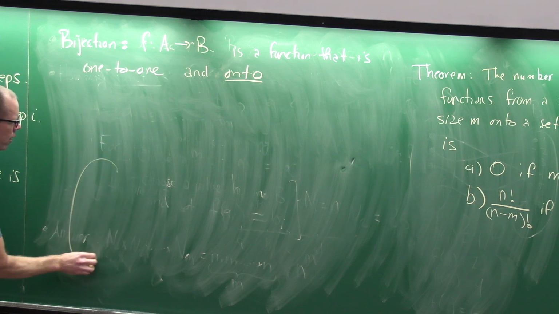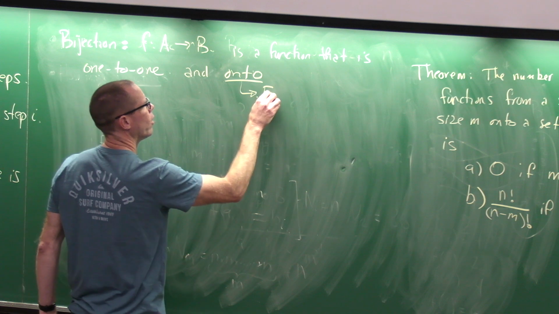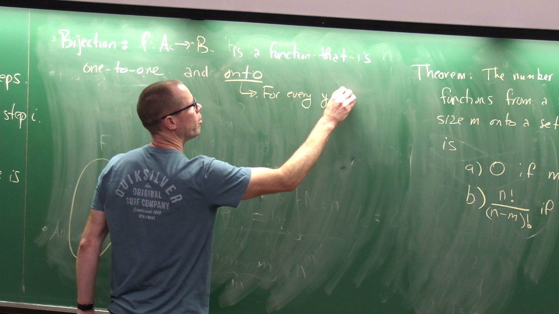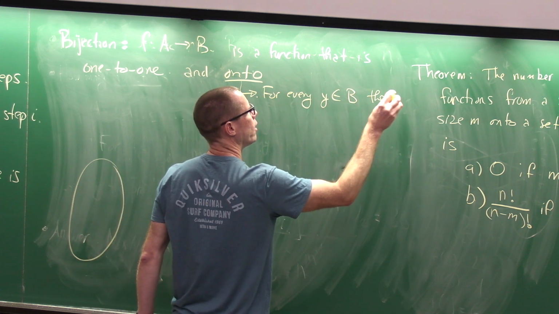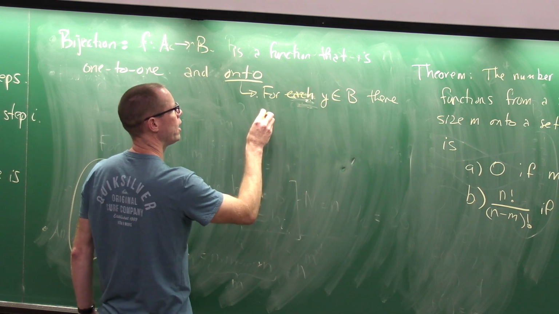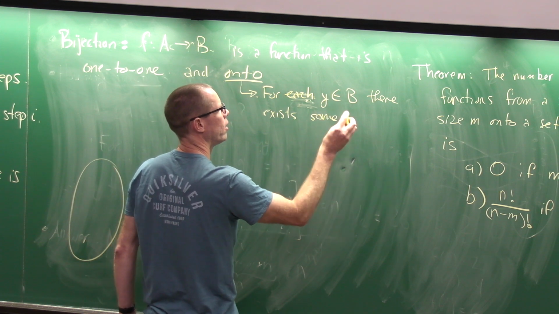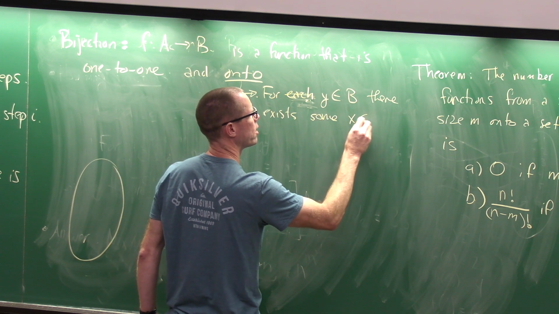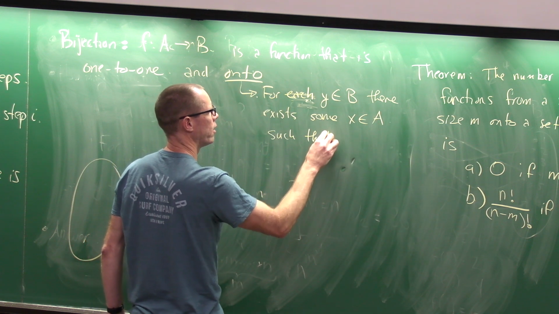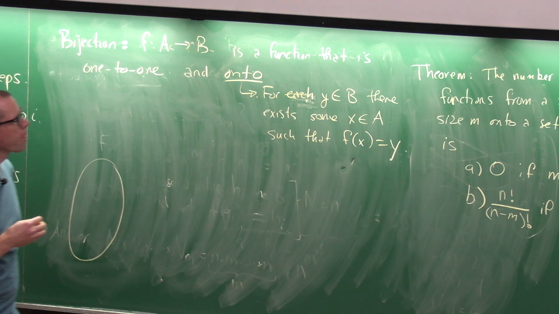So the way to say that is for every y in B, or for each y in B, there exists at least one x in A such that f of x equals y.